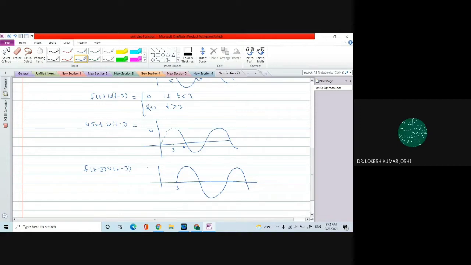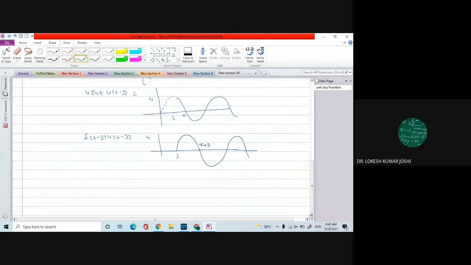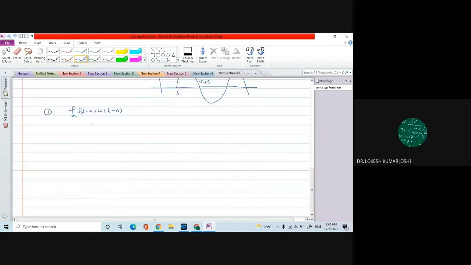This is 4. This one will become pi plus 3. Now, if we find the Laplace transform of f(t minus a) u(t minus a), suppose our objective is to find it, then let me first define f(t minus a) u(t minus a).